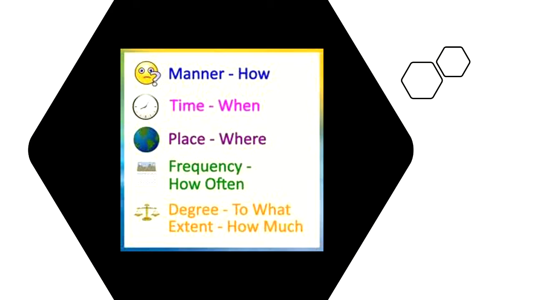And finally, degree, which means to what extent or how much something is happening. So we have 5 kinds of adverbs: manner, time, place, frequency, degree. Now let us go and see all of them one by one.